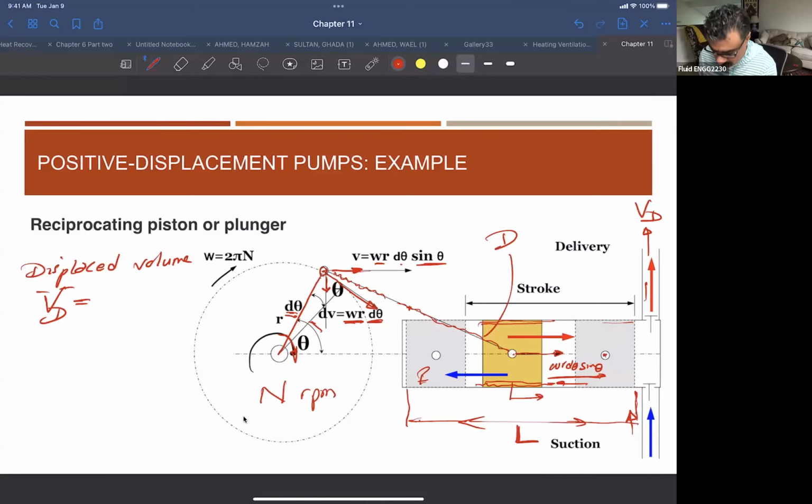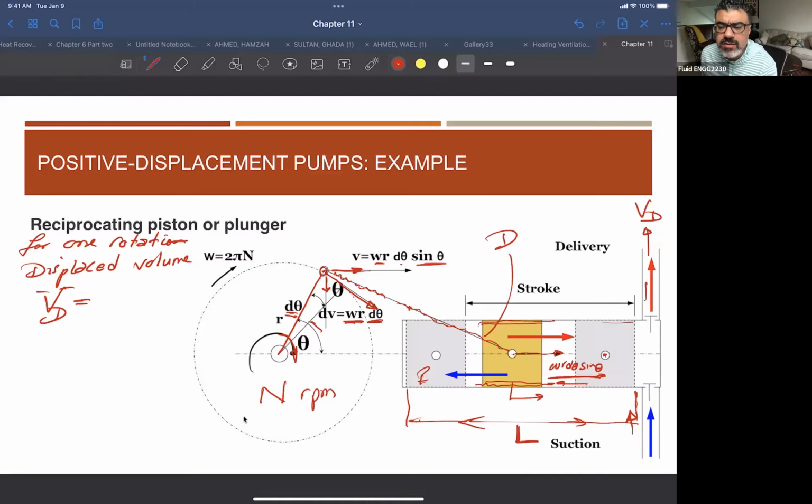For one rotation. How much displaced volume? The area, right? The area of this piston times the stroke, right?